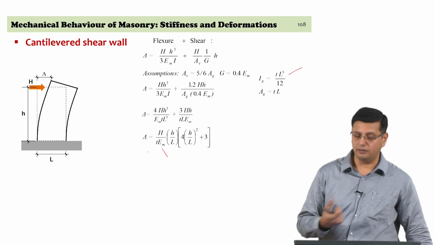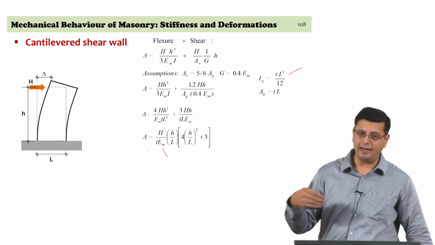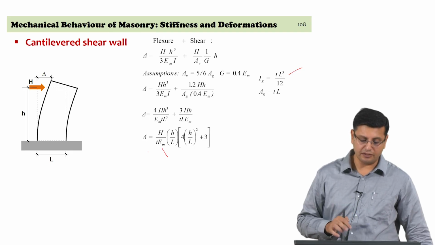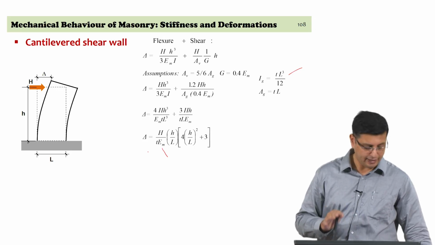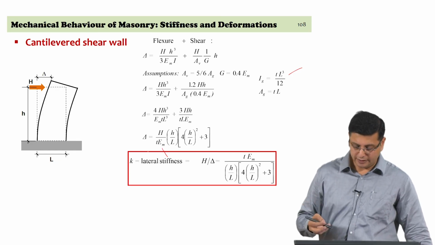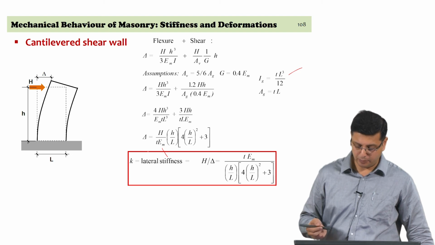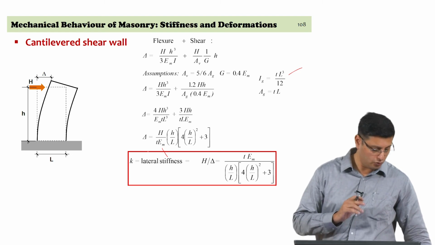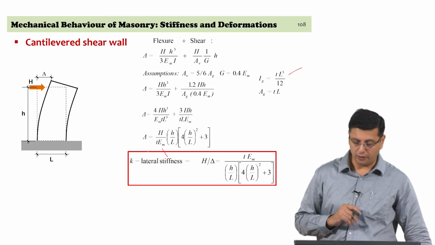You need to know the geometry of the wall, h, l and t, and the modulus of elasticity of the masonry. You get an expression for the deflection in a cantilevered wall subjected to in-plane lateral forces. If you want to write that in terms of the stiffness, H by delta, you get an expression for the lateral stiffness if you assume a cantilevered profile of the shear wall.